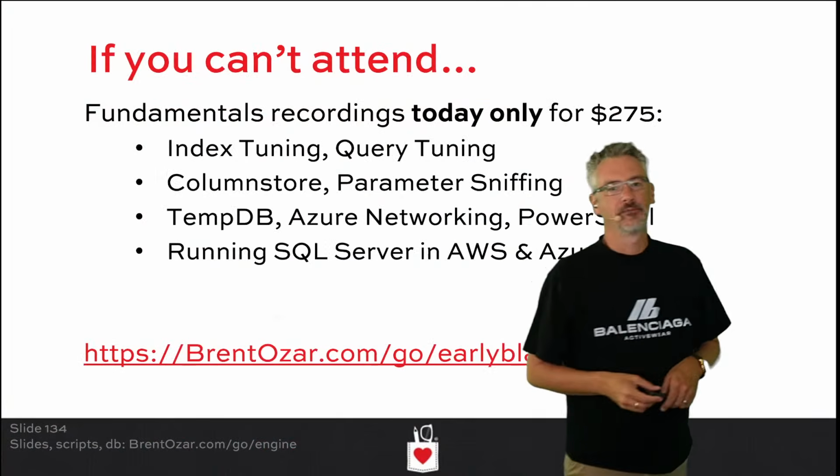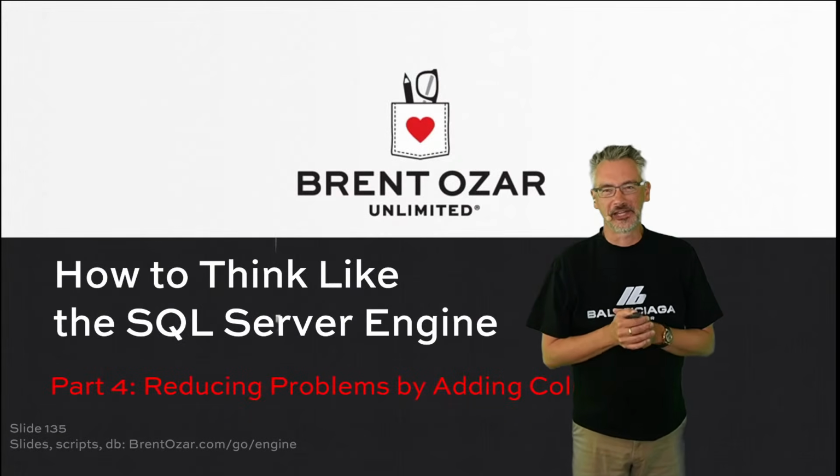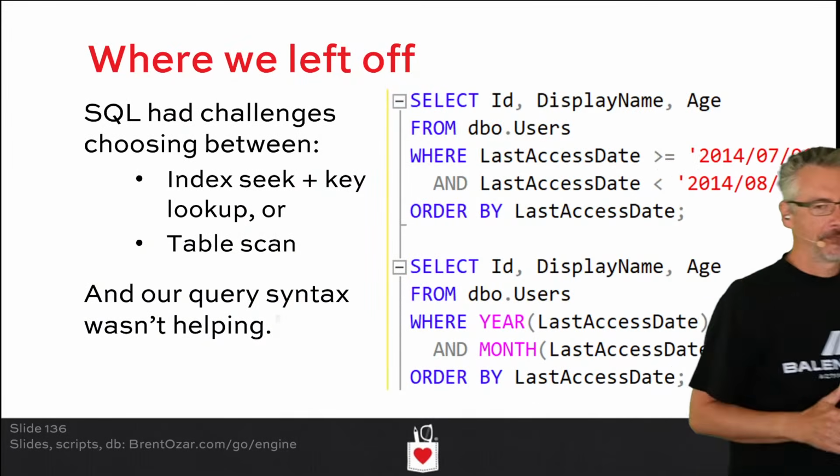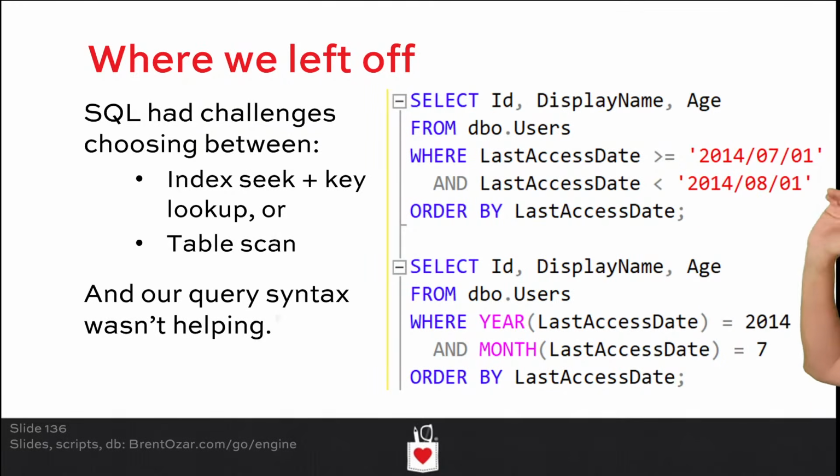All right, so next up, how to think like the engine, where we left off. We had these two queries. We had the one where I had hard-coded specific date ranges, and then we had some using a function. The problem we were having is that because this query got bad estimates, SQL Server was overestimating the number of rows that would come back, because SQL Server doesn't have statistics on the output of functions like this.